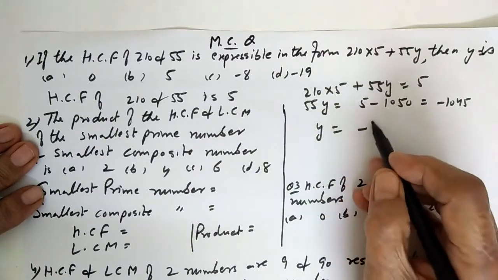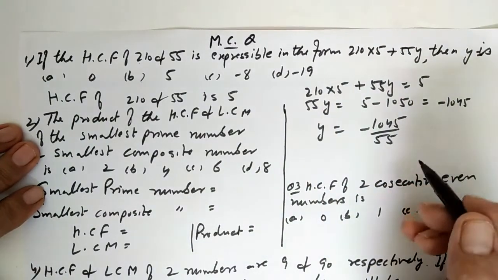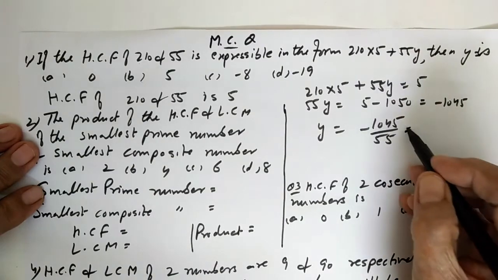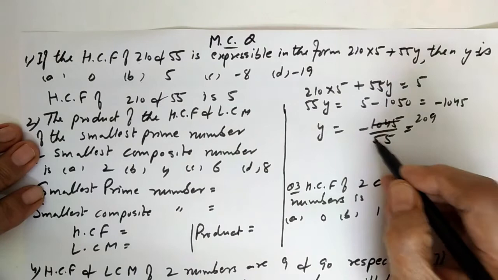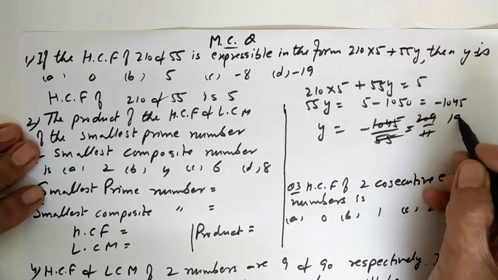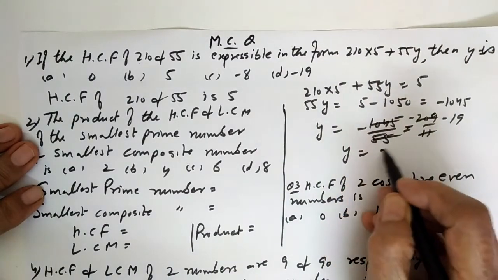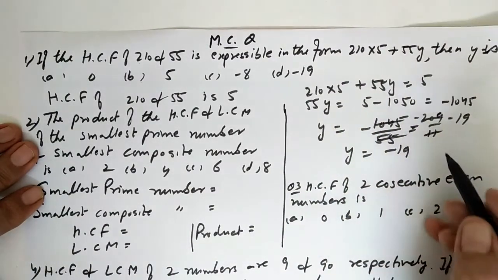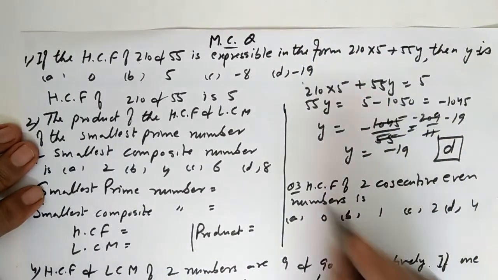Y is equal to minus 1045 upon 55. You can reduce it. Again it is reducible by 11, minus sign is there, so y is equal to minus 19. Our D choice is the answer.